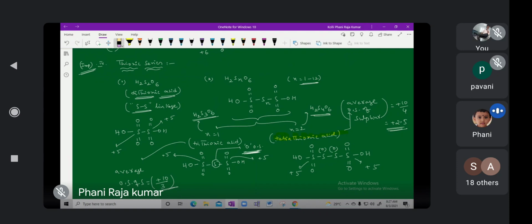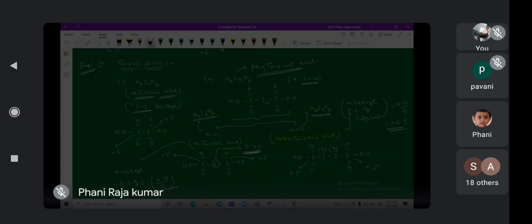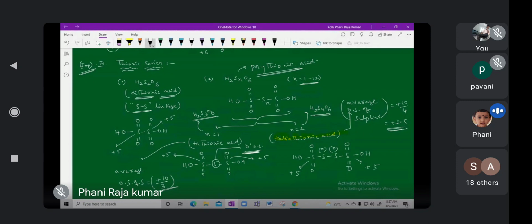H2SnO6, polythionic acid. Dithionic acid, and this is called polythionic series, polythionic acid. These are the total 4 types of oxoacids of sulfur and their structural aspects.